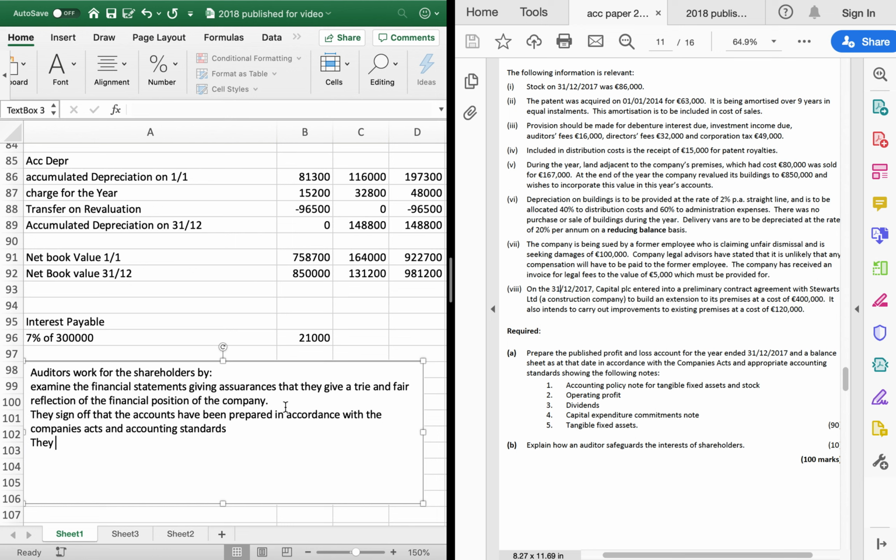They can qualify accounts, and that means they can say that they don't give a true and fair reflection if they don't think this is the case. And they report to shareholders, not boards. Okay, so that should get you 10 marks. That's everything that they do.